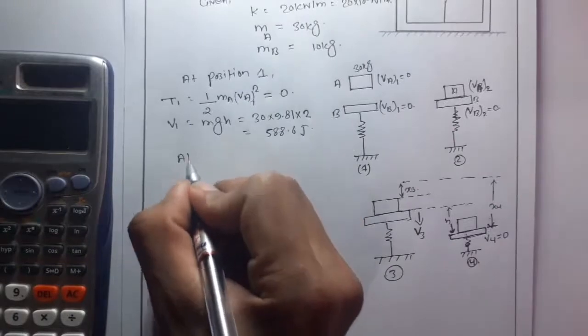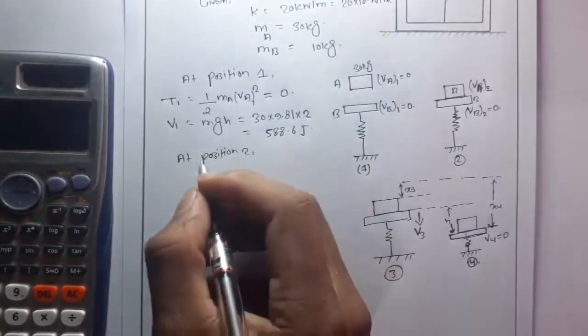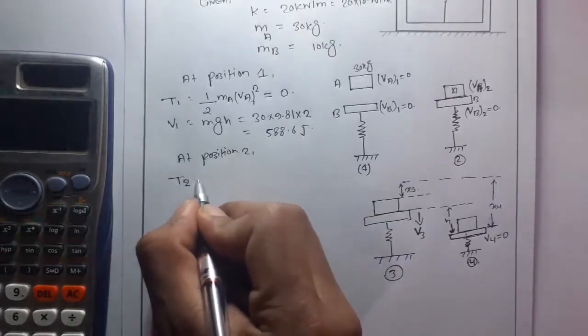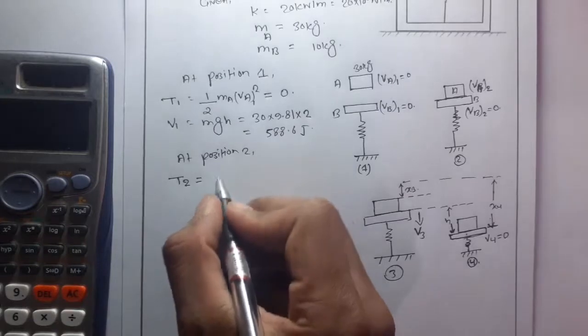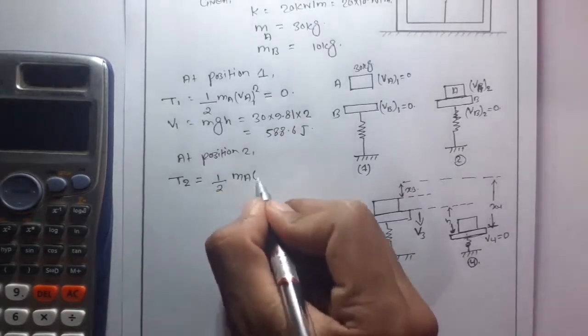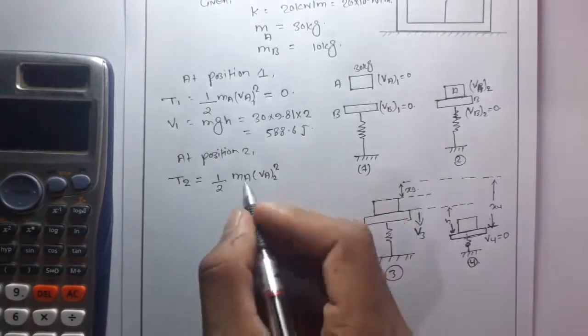And at position 2, T2 is equal to 1 by 2 m A VA2 square.